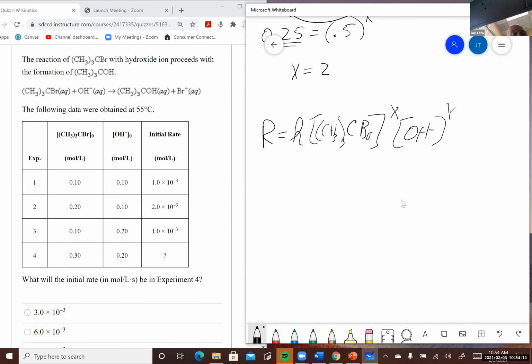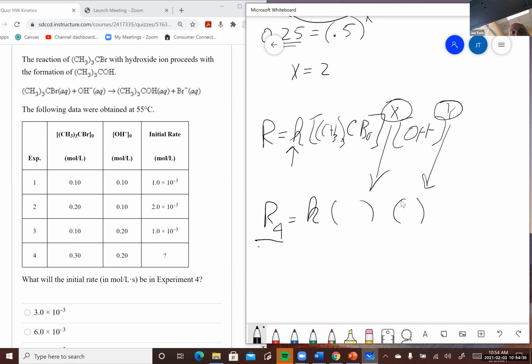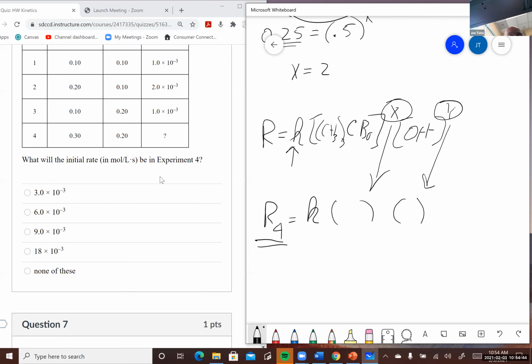So you're going to use experiments 1, 2, 3 to first find X and Y, and then you're going to find K. And then for the 4th one, you're just going to plug in the K that you found, the concentrations, and these numbers that you found. And you're going to calculate that rate so you can answer the question mark. Any questions on that?